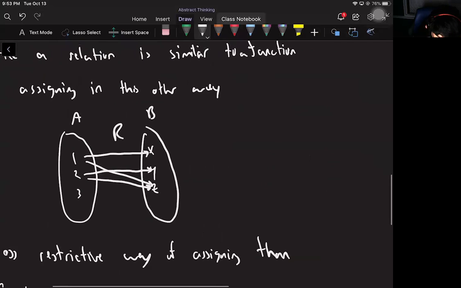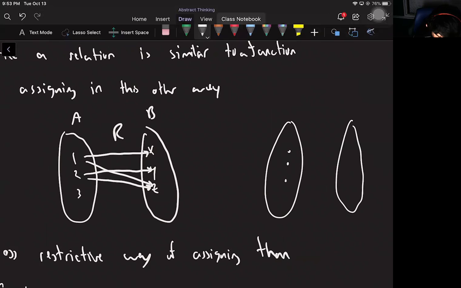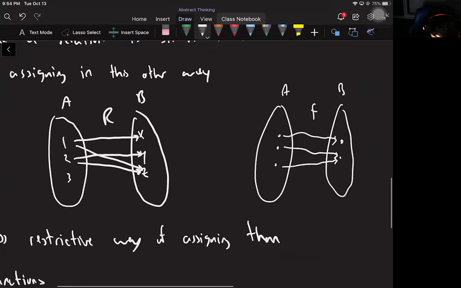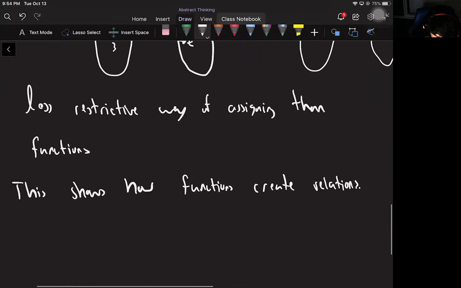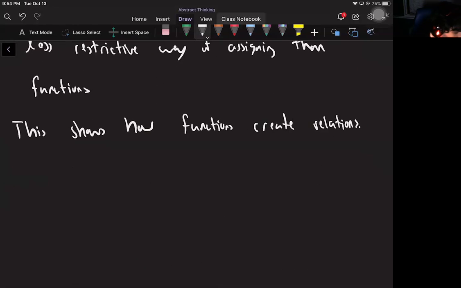So if I happen to have a function where I impose these rules about what can go where, it still creates a relation. But it's just a relation that also happens to be a function. Okay.